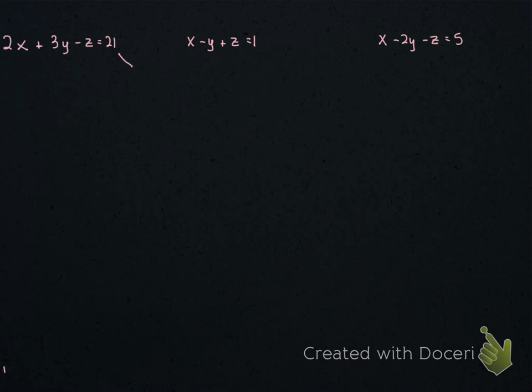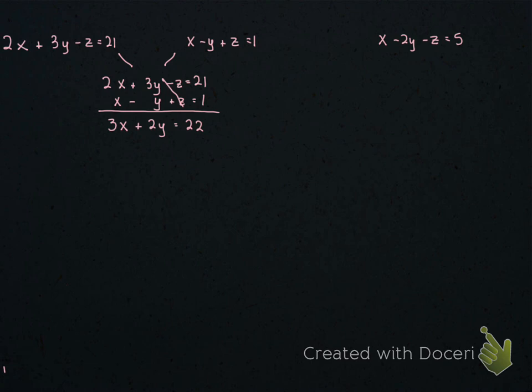I'm just going to put the first two together, and after I write them stacked, I'm going to see what might be the easiest variable to eliminate. When you look after you stack, the z's naturally cancel each other out. That answers our question, leaving us with 3x plus 2y equals 22.